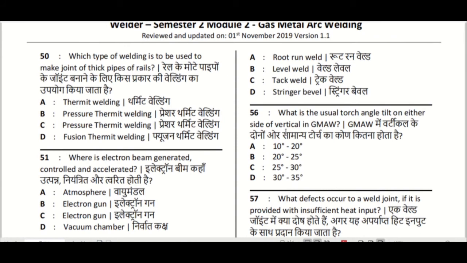Which type of welding is to be used to make joint of thick pipe of rails? Thick pipe of rails, pressure thermit welding process.